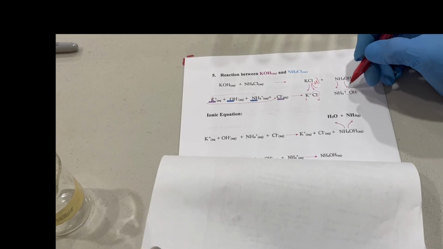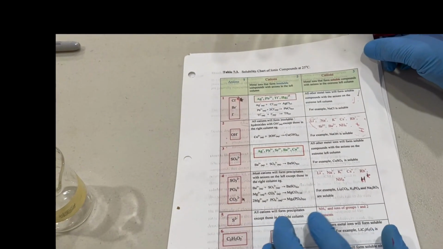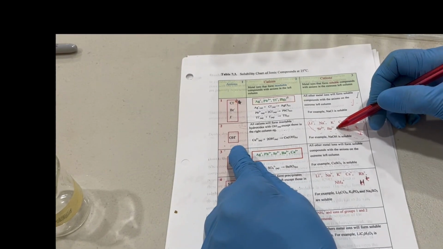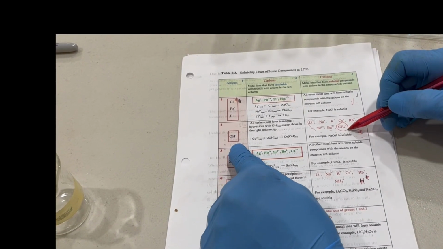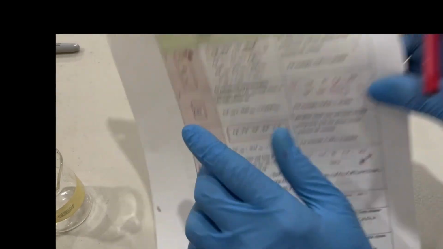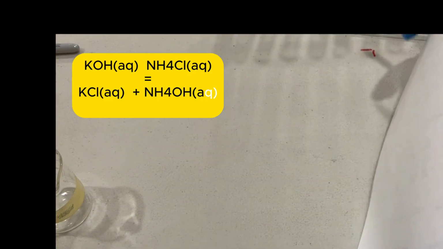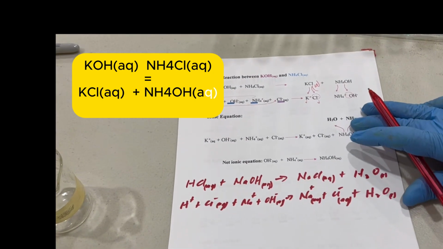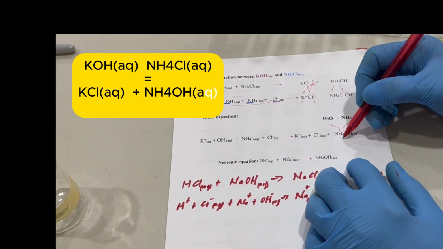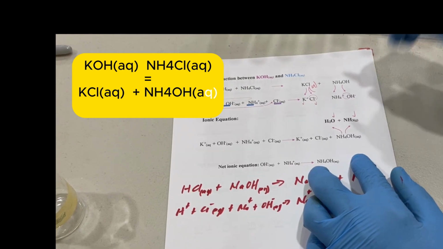Now we check the solubility of OH and ammonium ions. OH is here. Ammonium is amongst these ones that are soluble. So we say that ammonium hydroxide is soluble. But just like we talked about carbonic acid, in this form it is somewhat unstable, so it breaks up to give you ammonia gas and water.